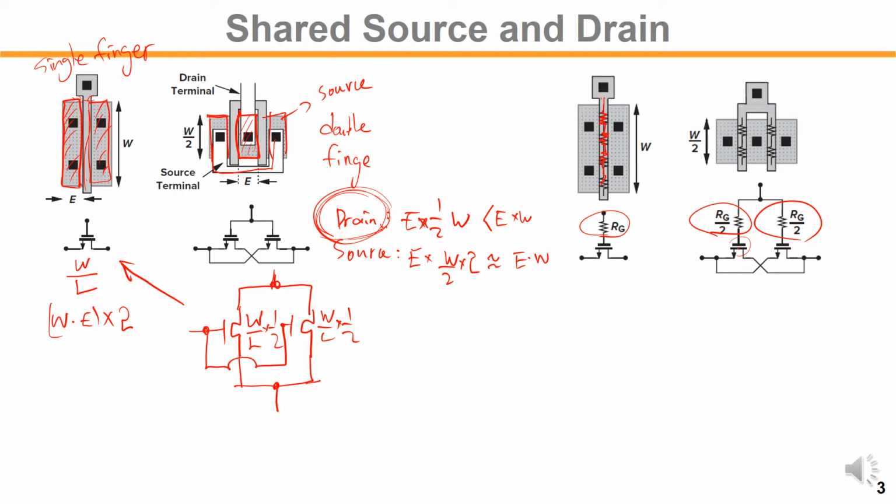So once you determine the unit device size, then you expand the number of fingers. When an even larger size of W is required, then you expand the number of fingers like this, right? Of course, you will be required to put in as many vias as possible.